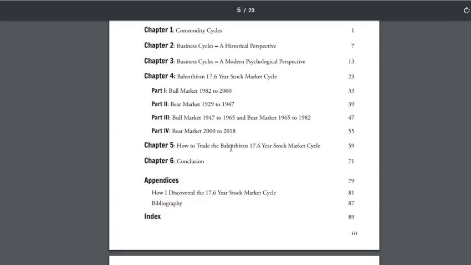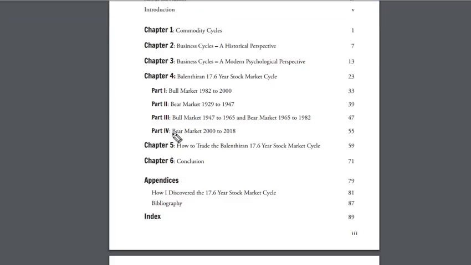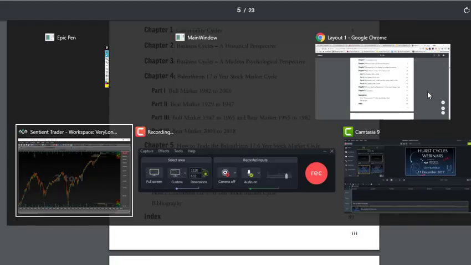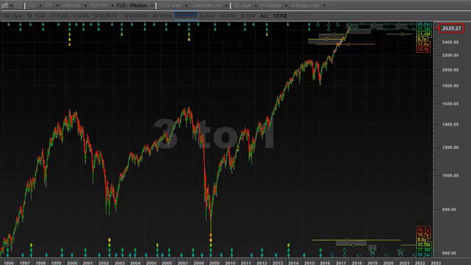And here it is over here. You can see they have mentioned a bear market from the year 2000 to the year 2018. Well, we certainly had a bear market from 2000 until 2009, but it didn't carry all the way through to 2018. And why is that? Well, of course, as a Hurst cycles analyst, you know the answer to that. And it's very clear on this chart.